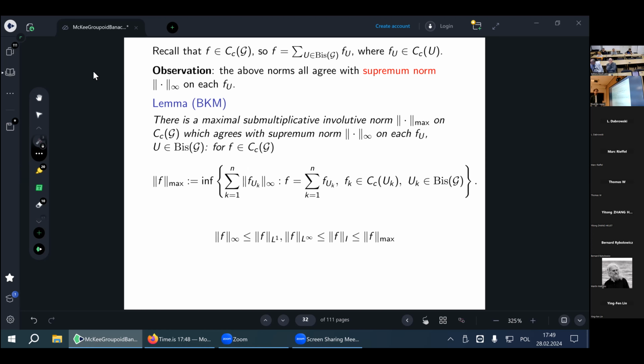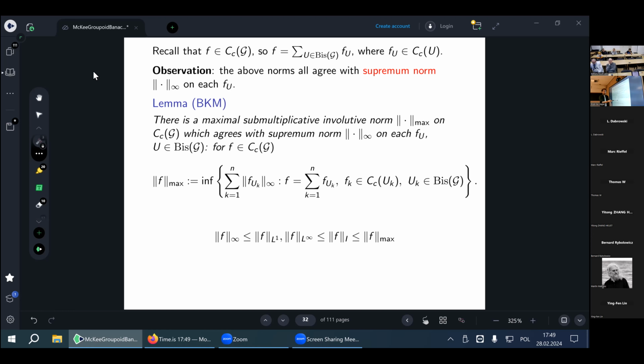There's a maximal norm on C_c(G), which has the property that when you restrict to functions living in one bisection, it's the supremum norm. And this maximal thing turns out to be submultiplicative and respects the involution.